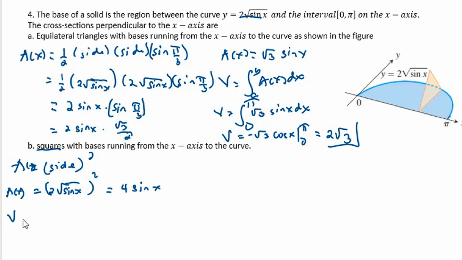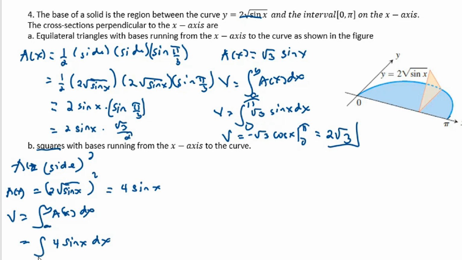Now we're going to write the formula for the volume. The volume is equal to the integral of A of x dx from a to b. By substitution, A of x is 4 sine x, so we have 4 sine x dx. The interval is the same as in letter A, 0 to pi.